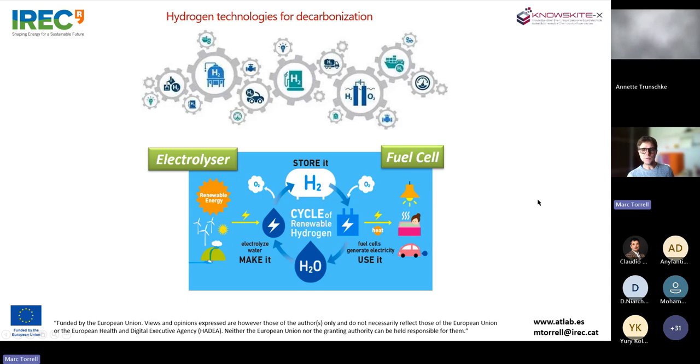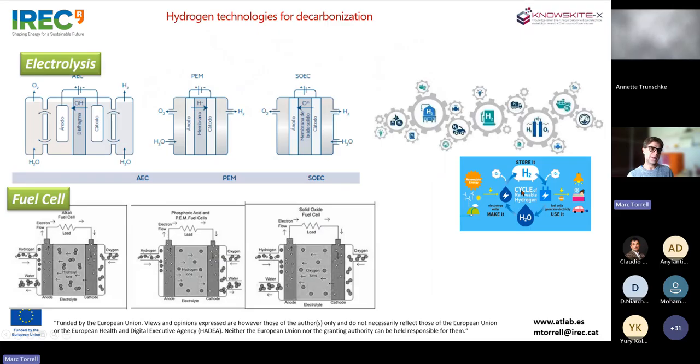For these two modes of operation, fuel cell and electrolyzer, we have mainly three different technologies. The alkaline technologies, with the typical liquid electrolyte, anode and cathode, transporting OH ions. Then the proton exchange membrane technology, based on a polymeric membrane with cation or proton conductivity, proton transport.